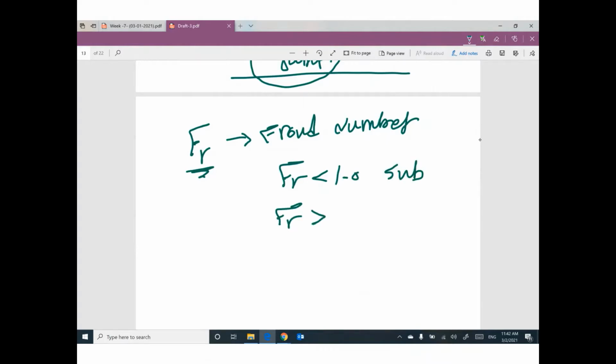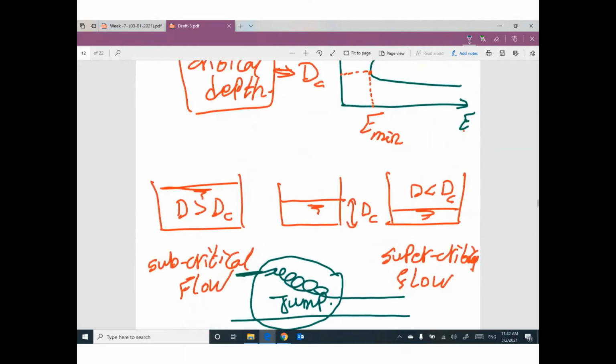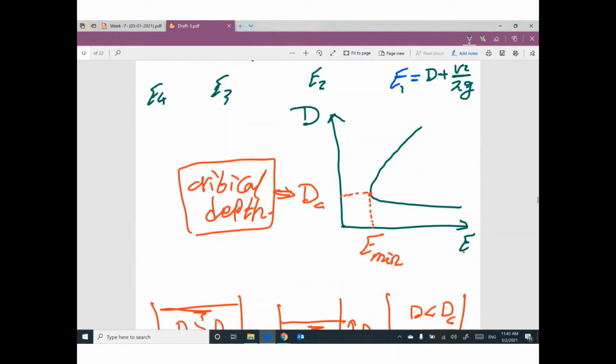If this number is greater than 1, it will be supercritical. If this number equals 1, it will be critical. And last week, we learned how to determine the Froude number and how to determine the critical depth.